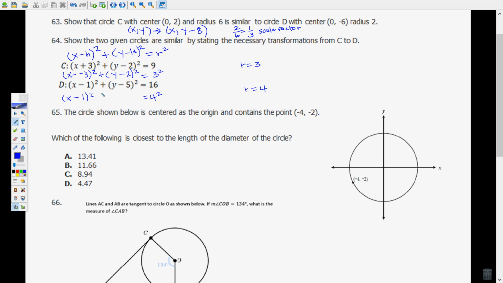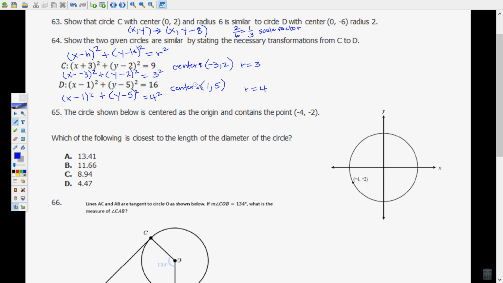So the center here would be (-3, 2), and the center for circle D would be (+1, +5).